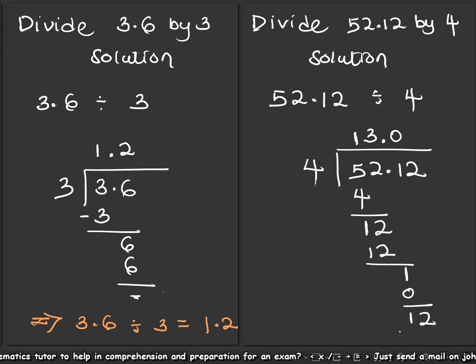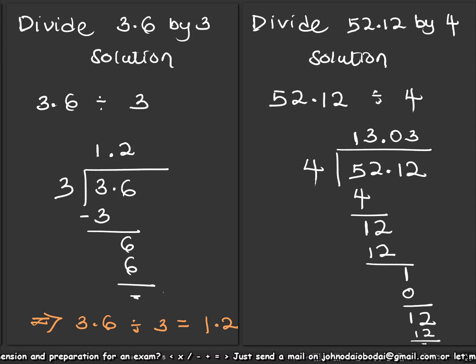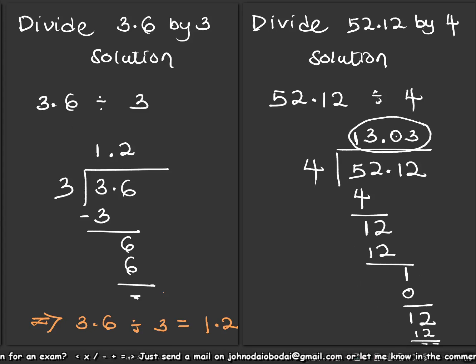So 4 divides 12 to give us what? A 3. And 4 times 3 gives us a 12, and we have no other remainder. So this here becomes our answer. That is 13.03 is the answer to 52.12 divided by 4.